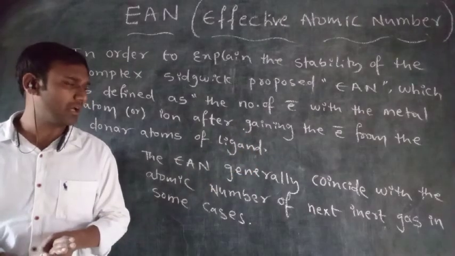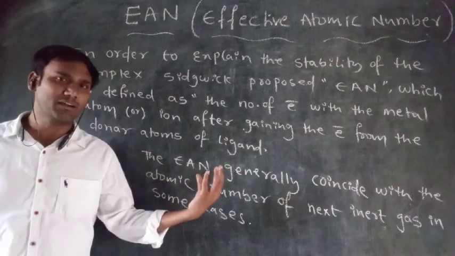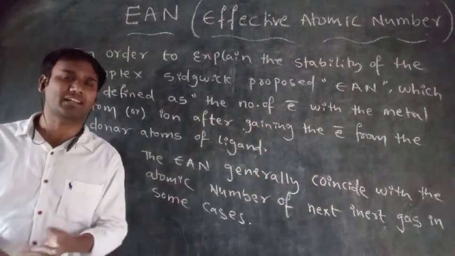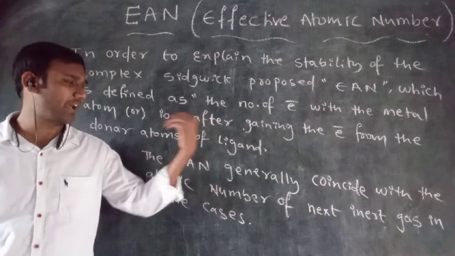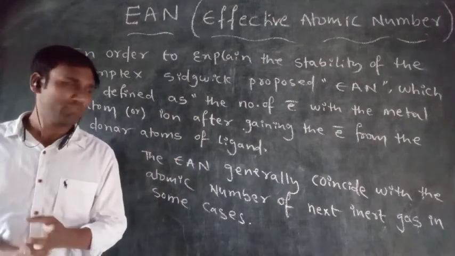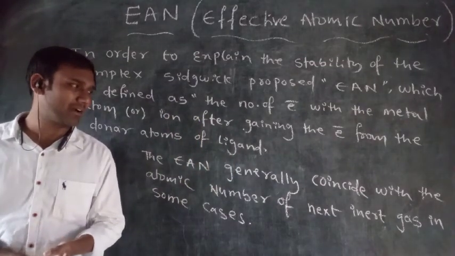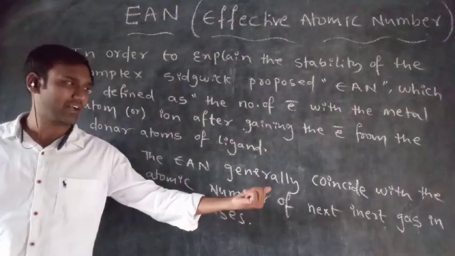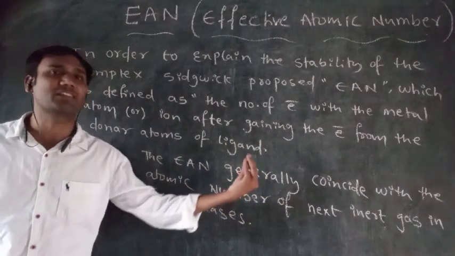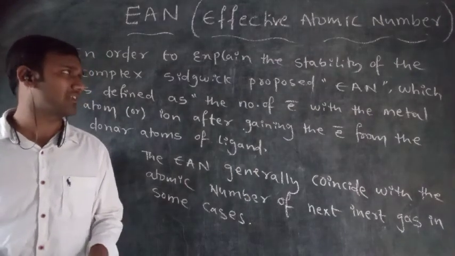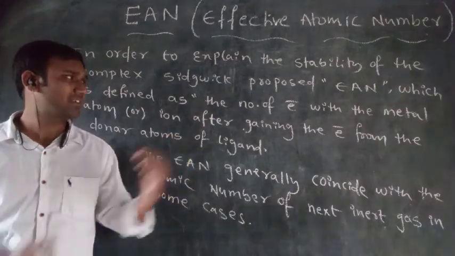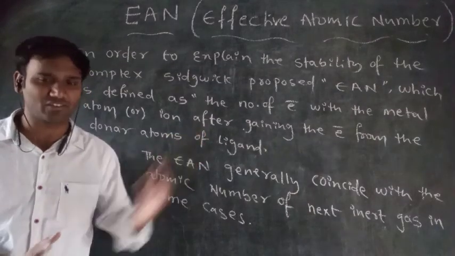If the total number of electrons with the central metal atom is equal to the atomic number of any one of the inert gases, generally we consider the complex stable. If the number of electrons with the central metal atom is not equal to the atomic number of the inert gas, we consider the complex unstable, or not following the effective atomic number method. We will discuss some examples so that we can understand it clearly.